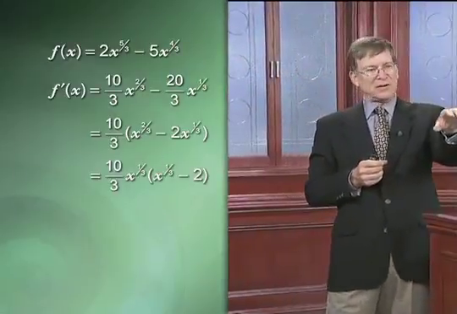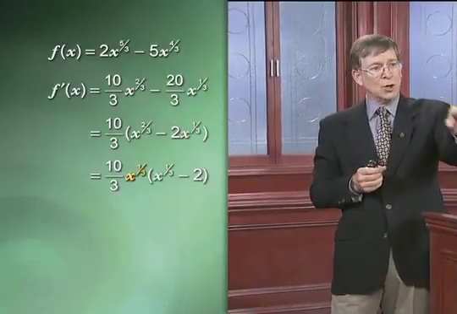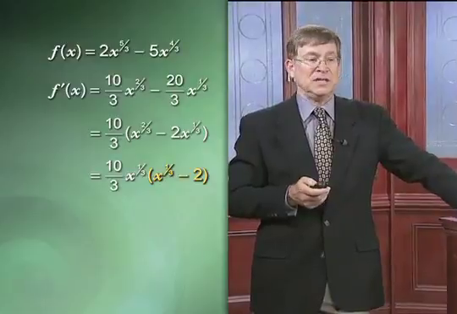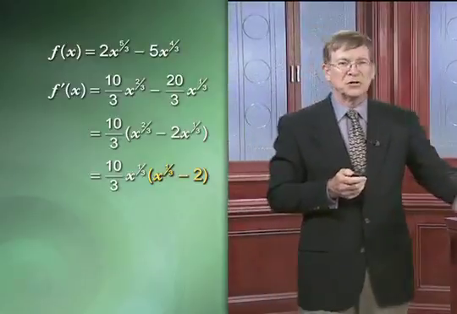I had the two factors. Either x is 0 or x to the 1/3 is equal to 2, which makes x equal to 8. Good. That was some rough pre-calculus, but I hope you found it interesting how it had a very important role in finding the graph of that function.